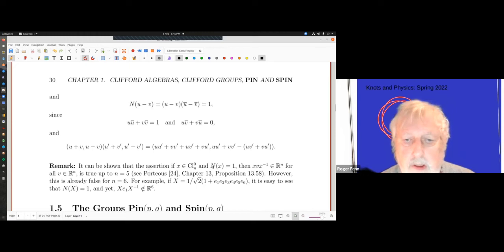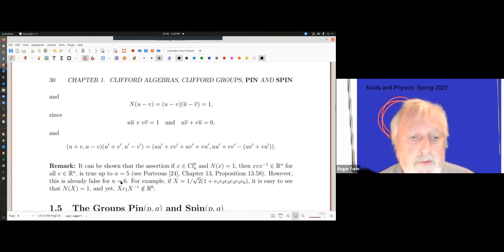Then he's generally saying that if the norm of X is 1, it's certainly invertible. Right? And it's in the Clifford group with n generators, it's even, then this conjugation is in Rn for all V in Rn if n is less than or equal to 5. Ian Porteous has written a book on this.